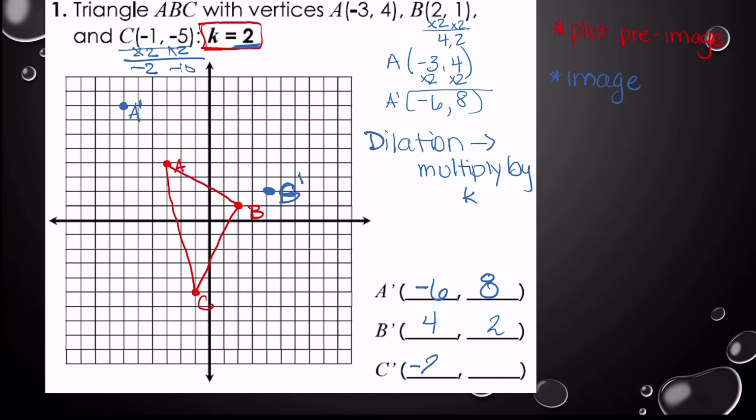There is my new C prime. So I go left 2 and down 10, right here. And since my scale factor k was bigger than 1, my new image should be larger, which it is, because this is an enlargement.